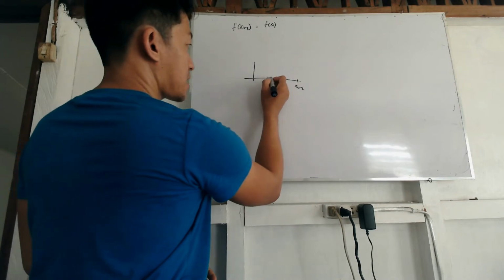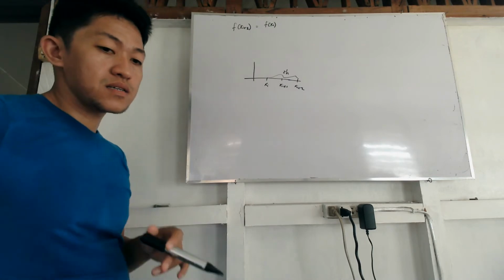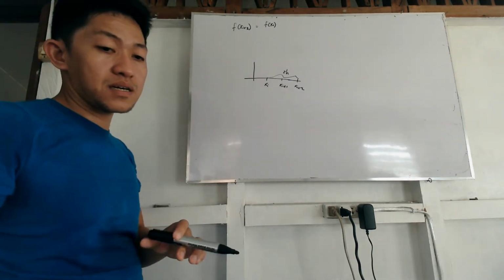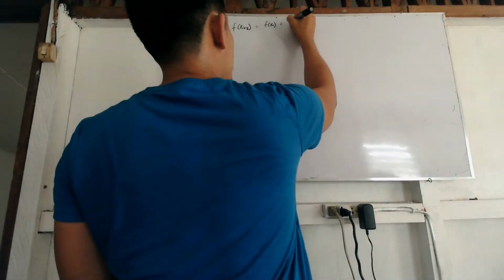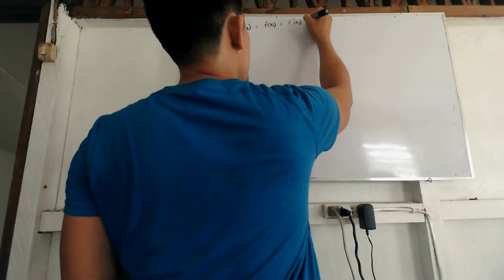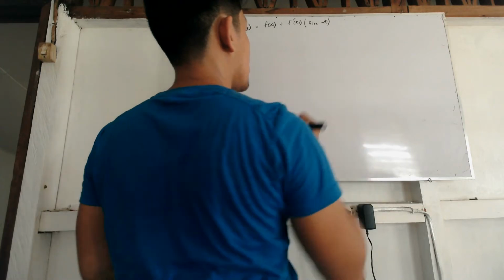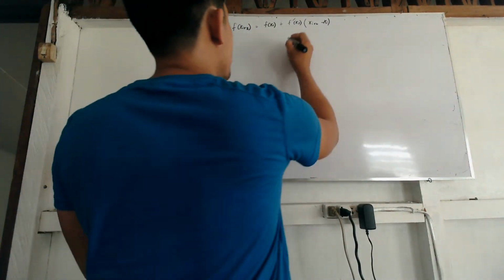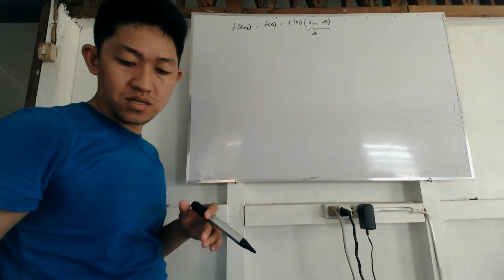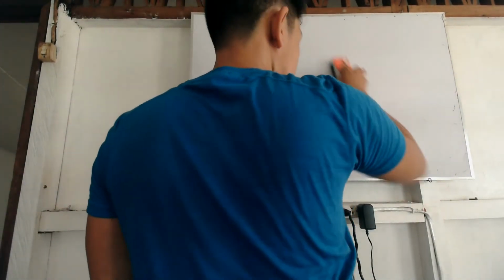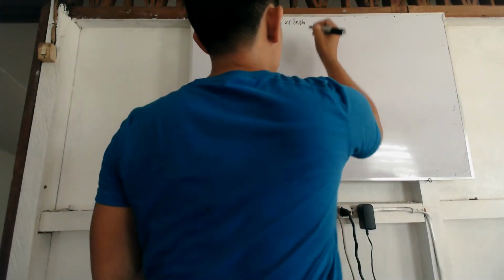So we're using twice the step size to estimate the second order. So this is equal to f prime of x i, and then x i plus 2 minus x sub i. Take note, based on our diagram, this is just equal to twice your h. Okay? So let's rewrite this one as 2h.